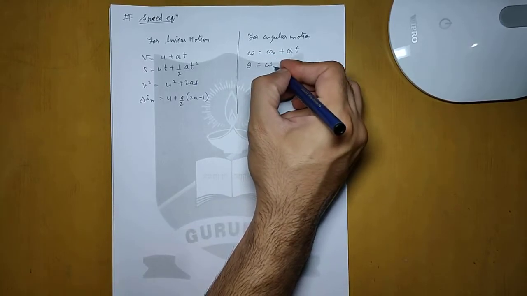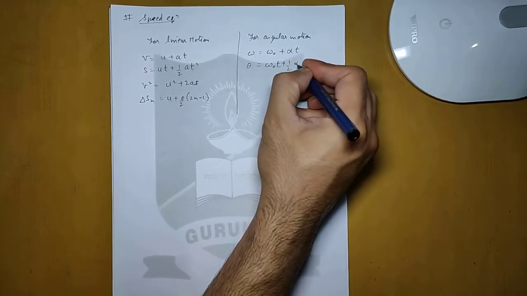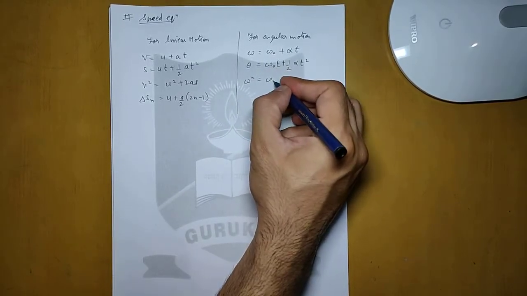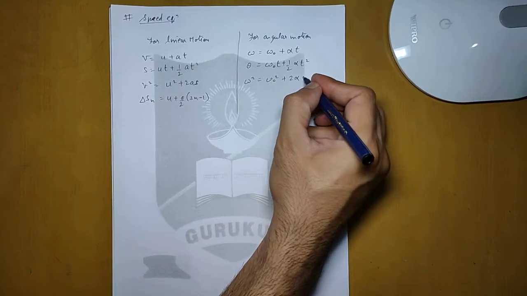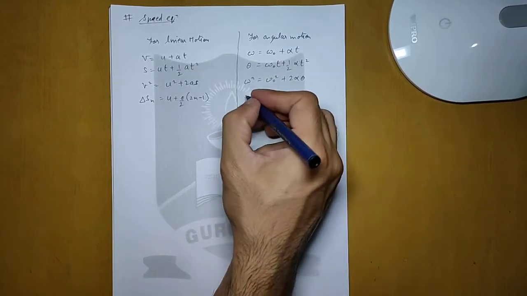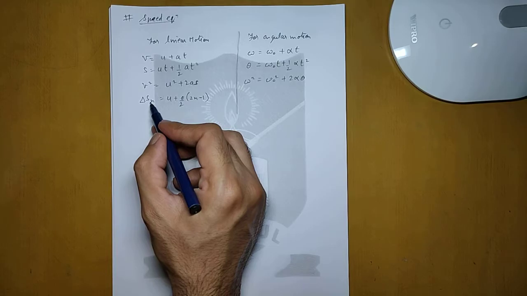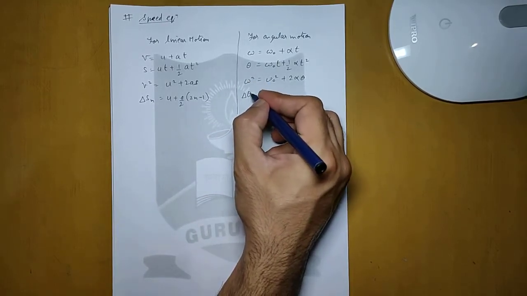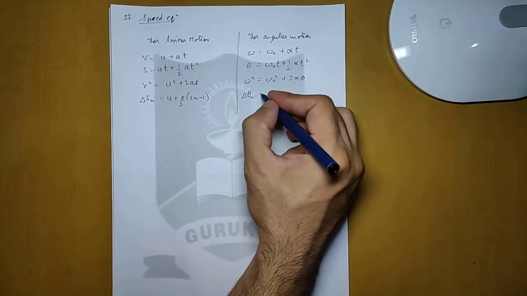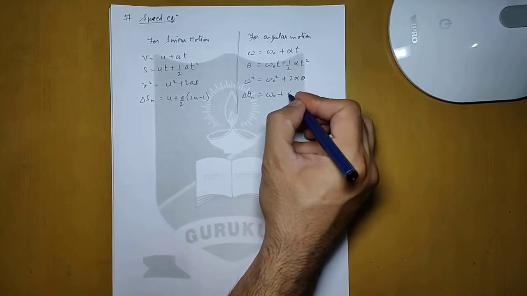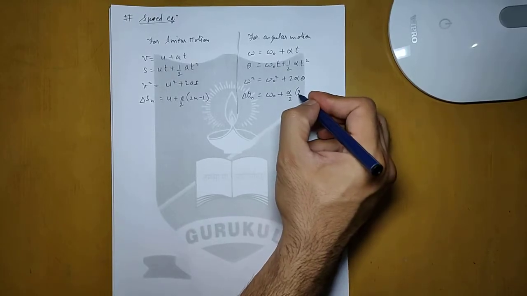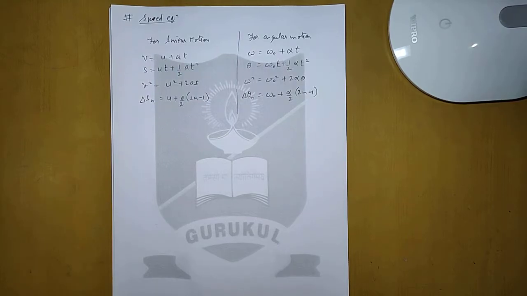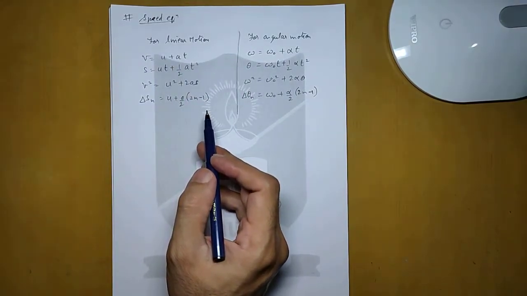Theta equals omega naught t plus half alpha t square. Similarly the third equation, omega square equals omega naught square plus 2 alpha theta, and for the distance traveled in the nth second, here it will be angular displacement in the nth second: delta theta n equals omega naught plus alpha by 2 into 2n minus 1. So this way you can remember the speed equations for angular motion.